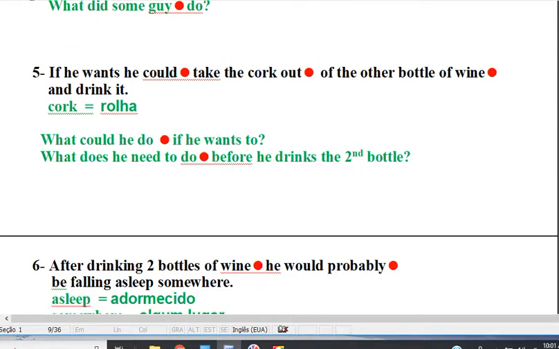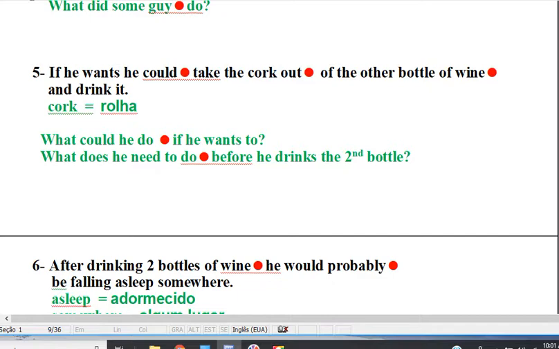Line 5. If he wants, he could take the cork out of the other bottle of wine and drink it.